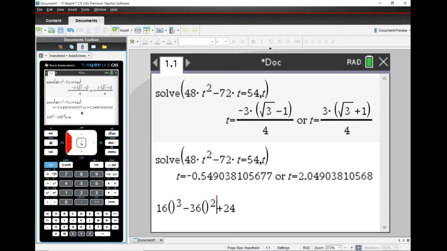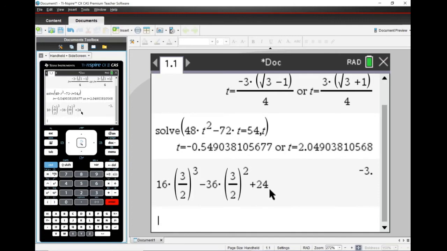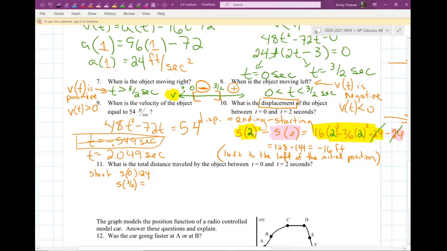And I want to evaluate this at 3/2 seconds so that I know what was happening. Where was I when I stopped, if I'm the particle? All right, I'm going to hit Control and Enter because I want a decimal number. Oh yeah, that's just a -3. So this equals -3.